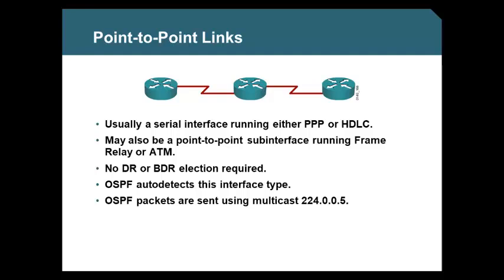OSPF packets are sent using multicast address 224.0.0.5 only. There is no 224.0.0.6 needed because it is just two routers. Point to point is two routers. There is no need of that other multicast address which is used in a broadcast multi-access environment.